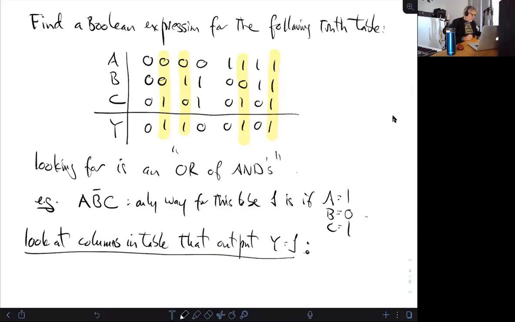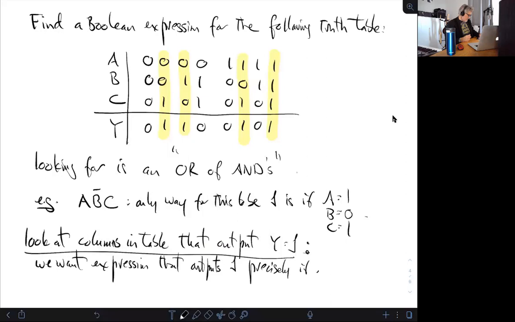Okay, so these are the key things. So you want an expression that will give you 1, let's say when A is 0, B is 0, and C is 1. So we want an expression that outputs 1 precisely if A is 0, B is 0, C is 1, right?